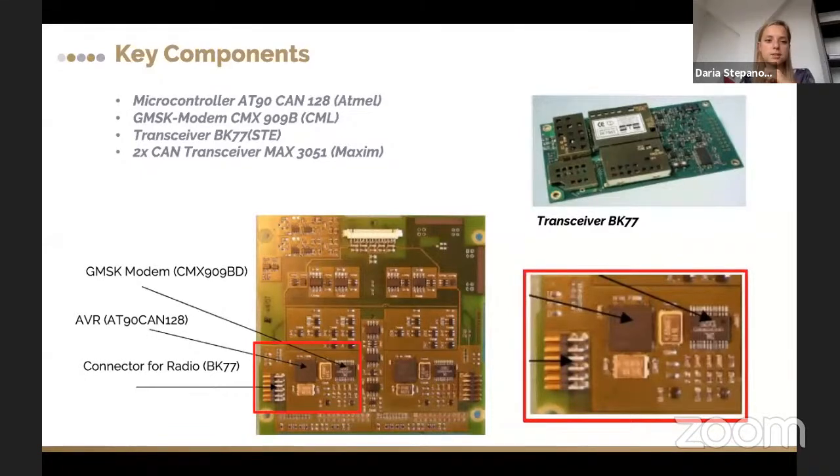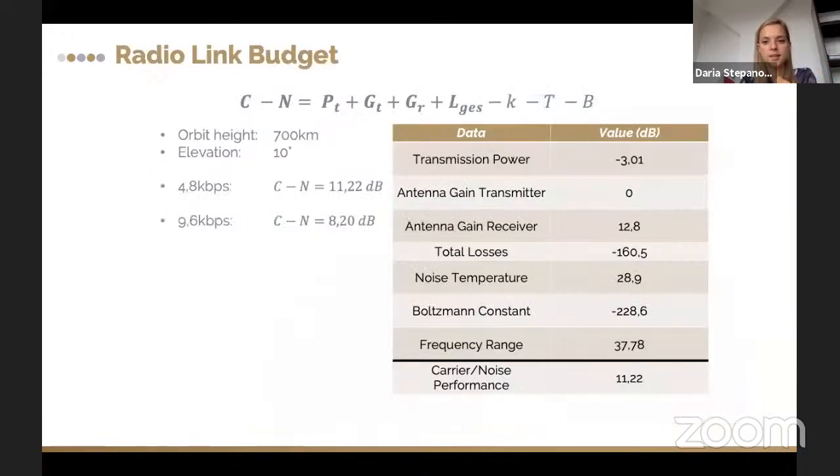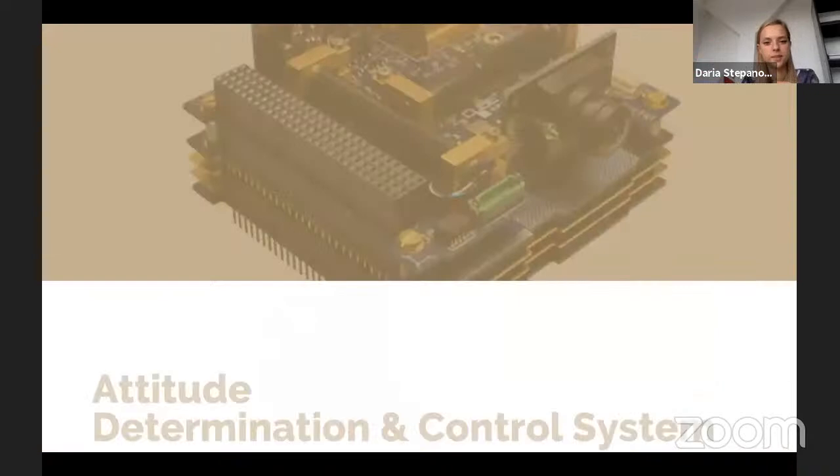The transceiver was BK77, and it also carried 2 CAN transceivers to communicate with the main bus. Before we go to the transceiver redesign or mission design, we obviously calculate the link budget, and here you can see a sample of the link budget we normally do.